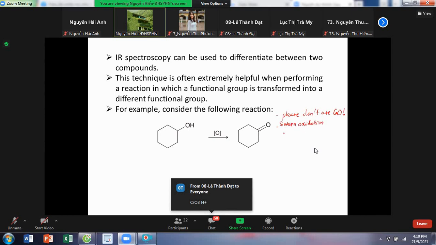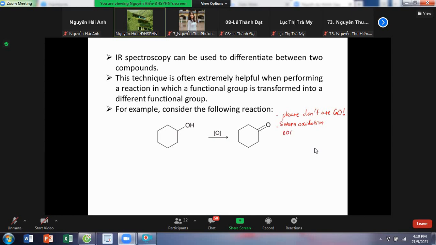So in this case, you have to use three components: oxalyl chloride, DMSO, and triethylamine. So this is one way, Swern oxidation, or you can use Dess-Martin periodinane. So you can use this one. I hope that you still remember from organic chemistry 2.